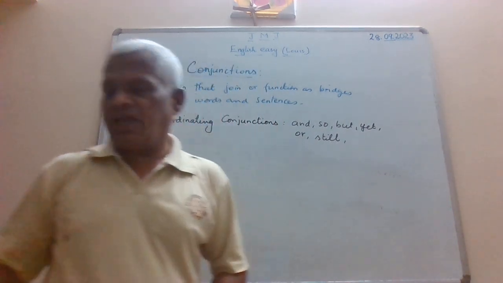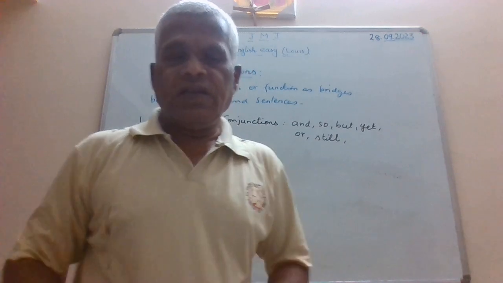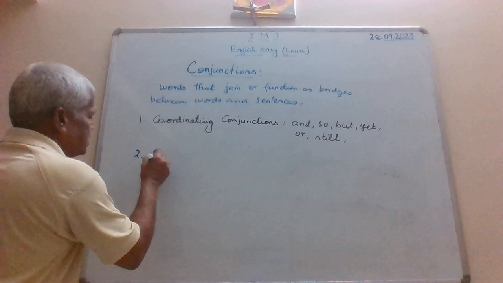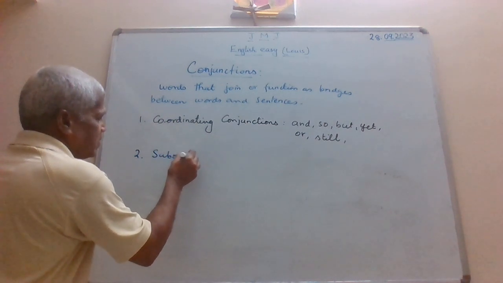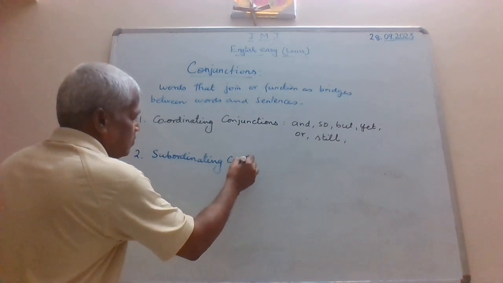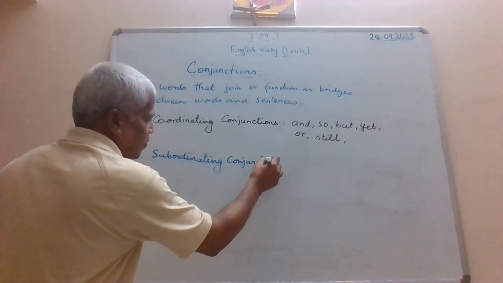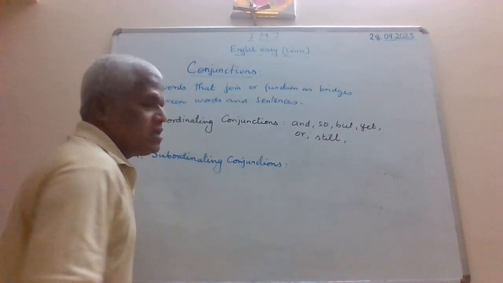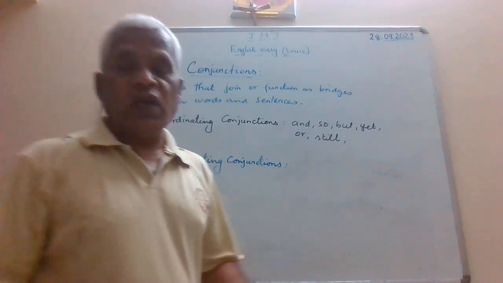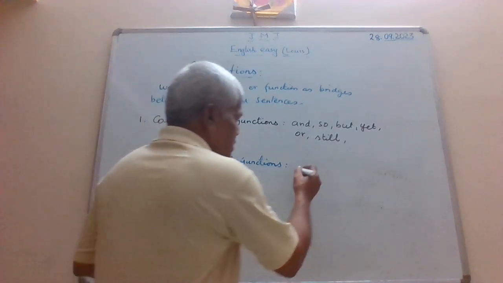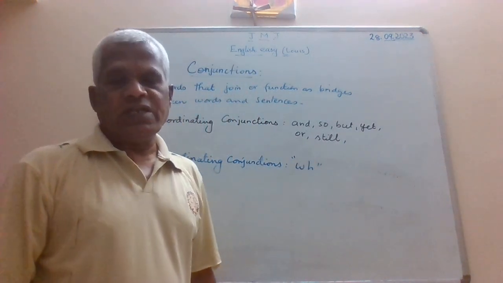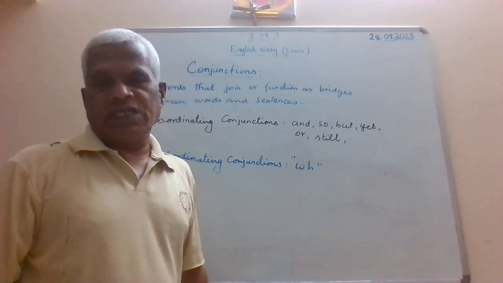Now what is the second category of conjunctions here? The second category is called the subordinating conjunctions. Now, what are these subordinating conjunctions? You can have all the WH question words. WH question words can be used as subordinating conjunctions.